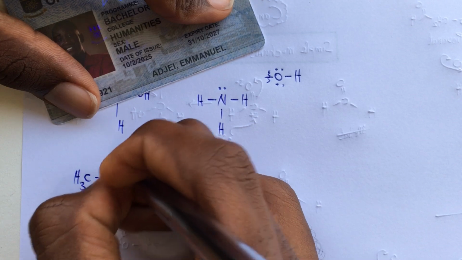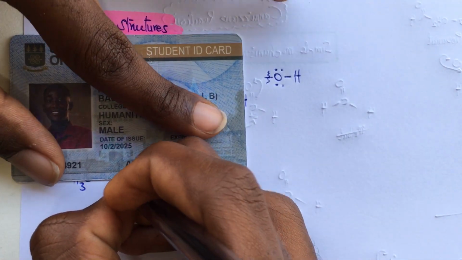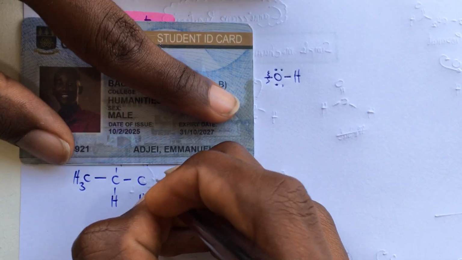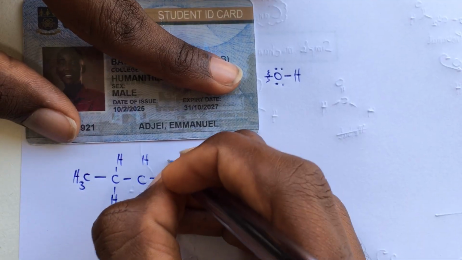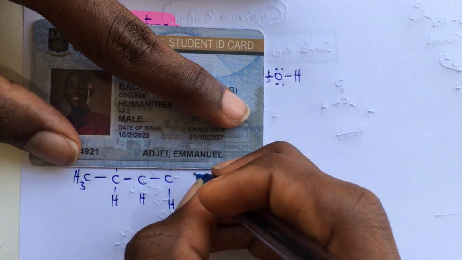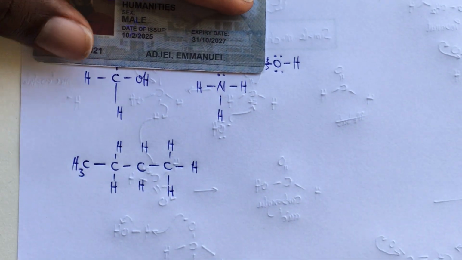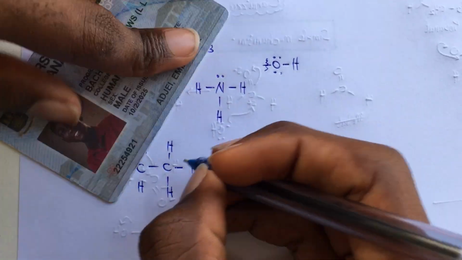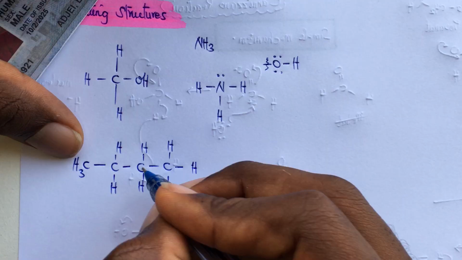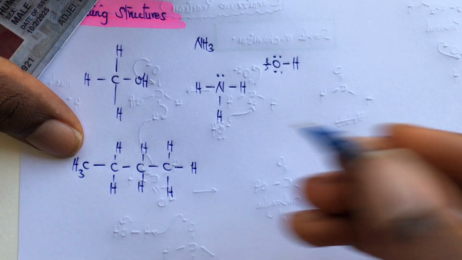Now this carbon is also bonded to hydrogen, hydrogen, and now it's also bonded to carbon, hydrogen, hydrogen. It's also bonded to carbon, hydrogen, hydrogen, and now maybe probably hydrogen. You get it? How many carbons do you have? I'm having 1, 2, 3, 4 carbons, right? And the hydrogens too are also there.